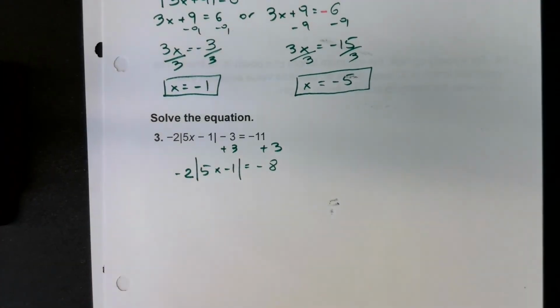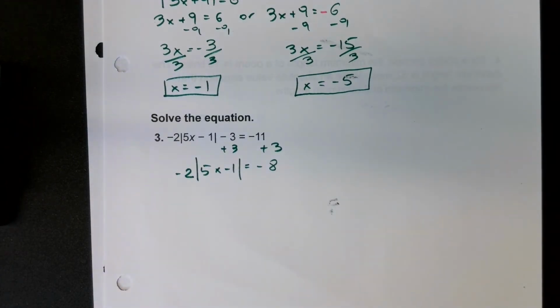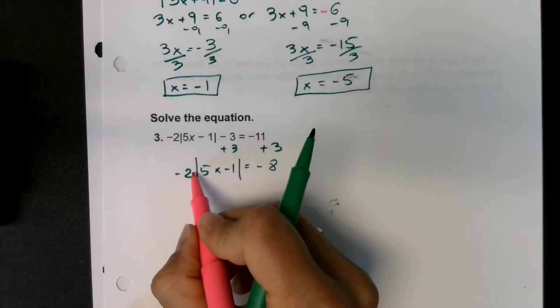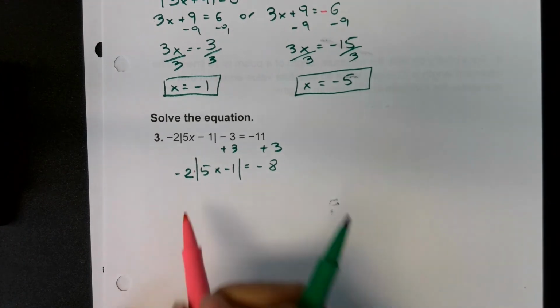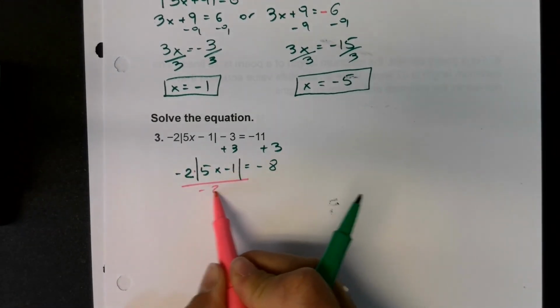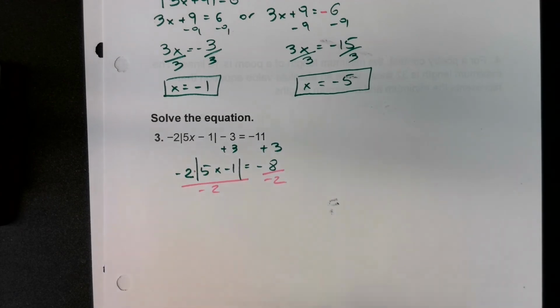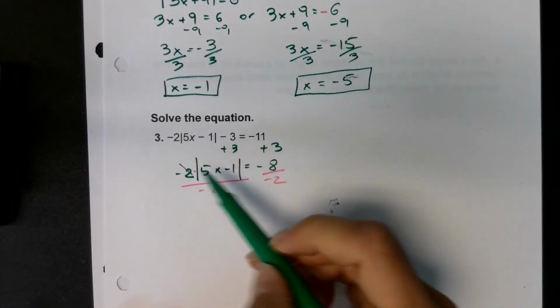But right now we have -2 times absolute value. How can we make it all by itself? We can do what? Divide. Because right now you're multiplying. So yes, we are going to divide. Good thinking, you guys. So that cancels.